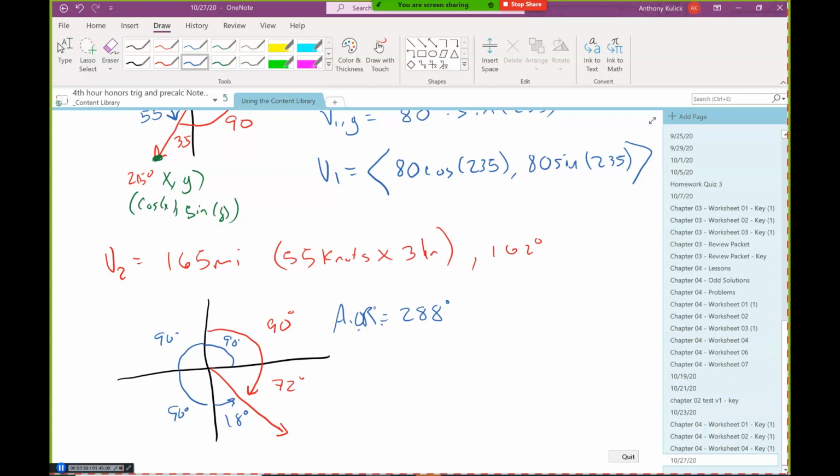So then I can calculate the x and y components for vector 2 the same way we did before. It's the magnitude times cosine of my angle of rotation for x, and 165 times sine of the angle of rotation for y. Again, for that vector.